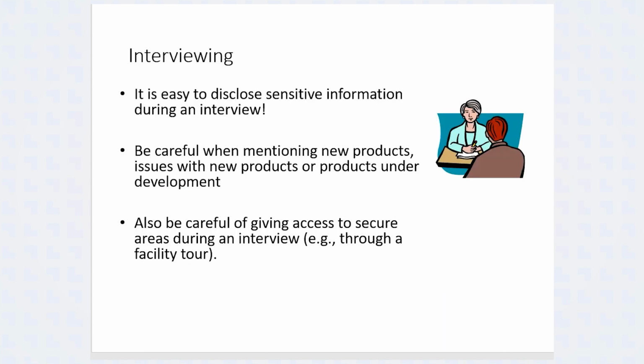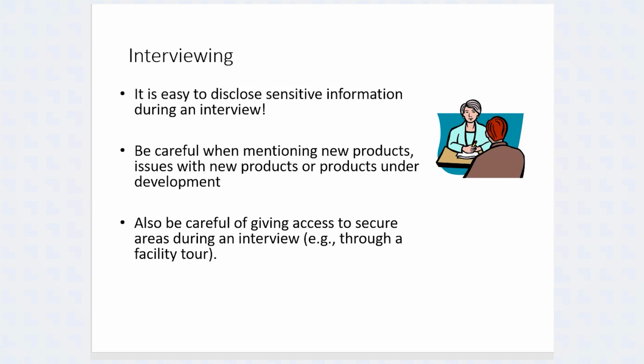After this process has gone through, there's going to be a process of interviewing, and during the interview, it can be very easy to disclose sensitive information. So you've got to be careful regarding mentioning new products. People can be very excited about the new products the company's offering, and anything that they have under development.